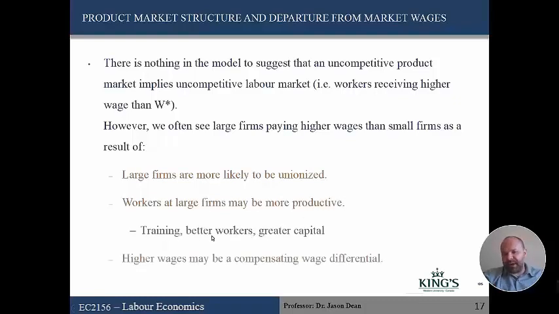They may also get better training, and it's even possible that they have better screening to get really good workers. And it's possible that the higher wages could be a compensating wage differential, and we'll talk about that in the next chapter. There could be other non-wage characteristics of the job that warrant a higher wage.